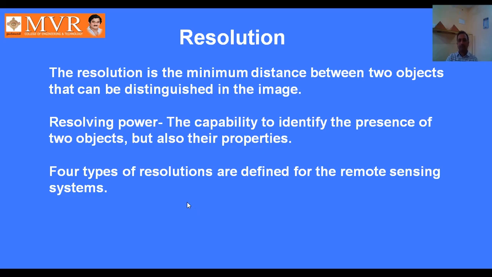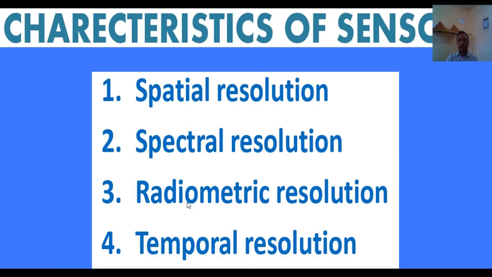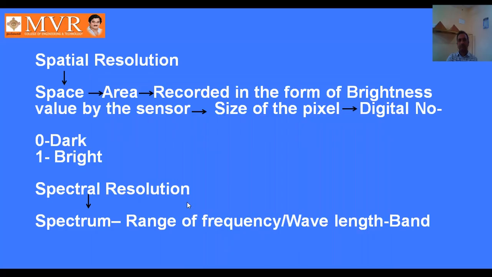So, we will discuss these one by one: spatial, spectral, radiometric, and temporal resolutions. One is spatial resolution. Spatial means space, area. The area is recorded in the form of a brightness value by the sensor.